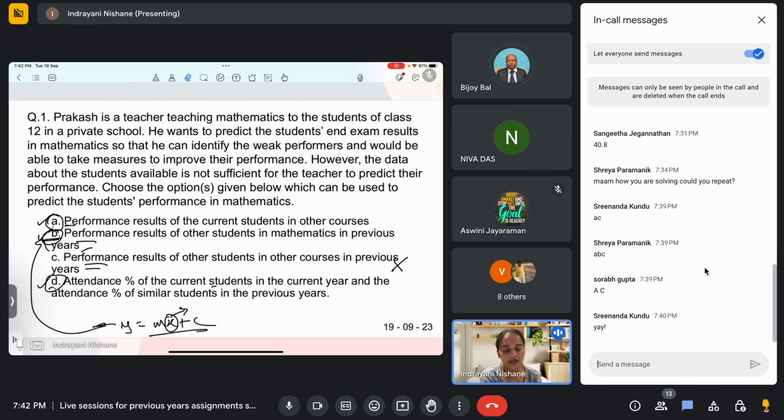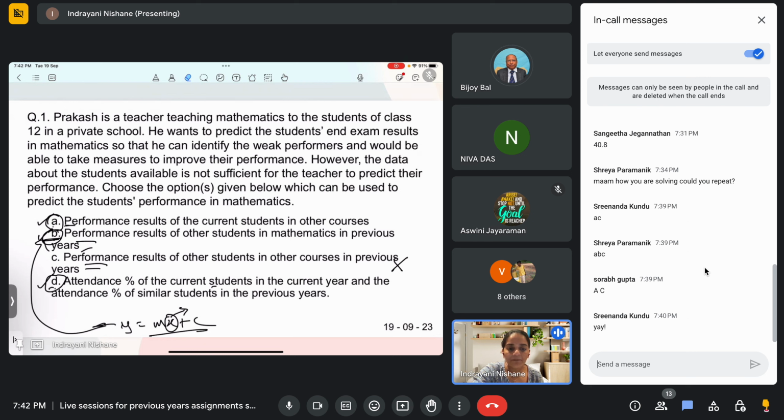No, there are multiple answers. We discussed how A, B and C are correct answers in the beginning only, so I'll repeat the same thing. When we don't have sufficient data about the current student, how they are performing in other subjects will give us some information that can be our independent variable, with the performance in maths as the dependent variable.